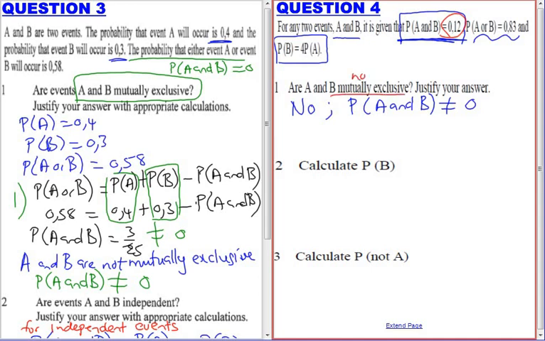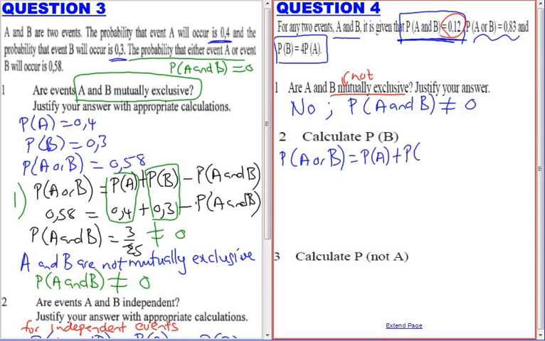Now that we have that, the next question is to calculate the probability of B. For questions such as this, you have to fall back to your addition rule. It usually takes care of everything.